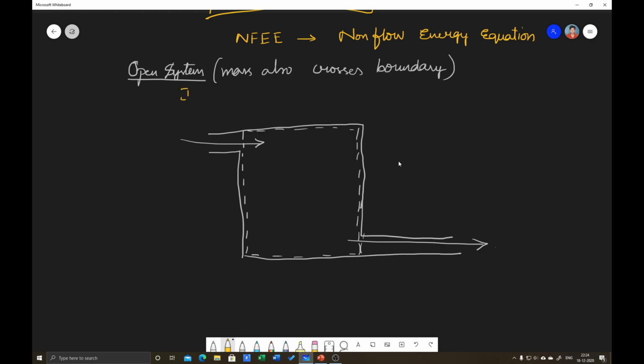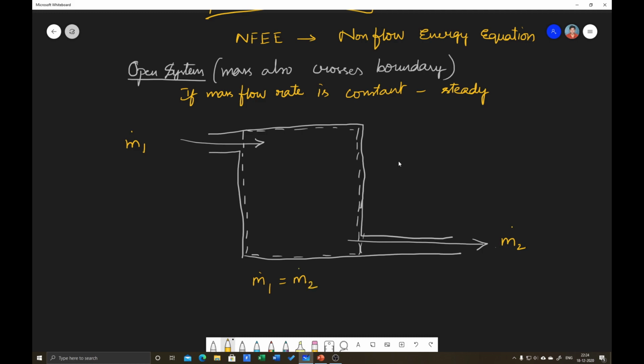Say there can be two types. If the mass flow rate, that means mass per second, is constant, then it is called steady state. Steady state means whatever mass is entering the system has to leave the system. There is no mass accumulation.